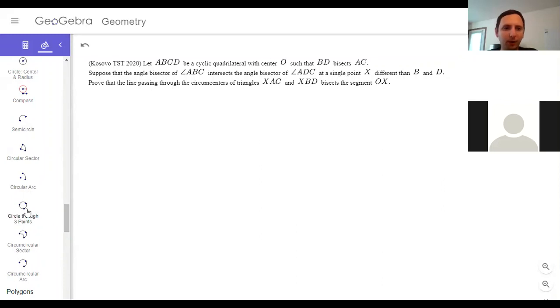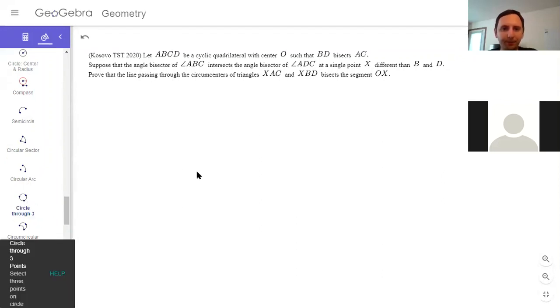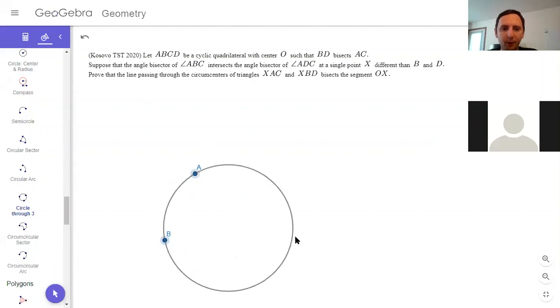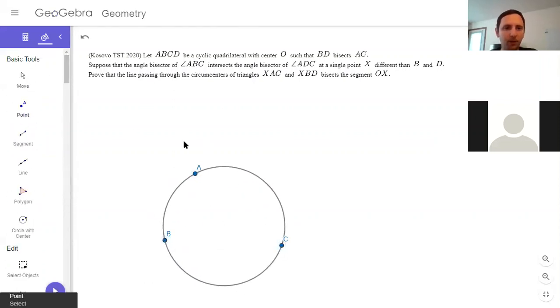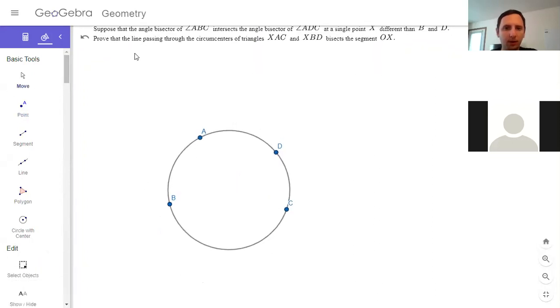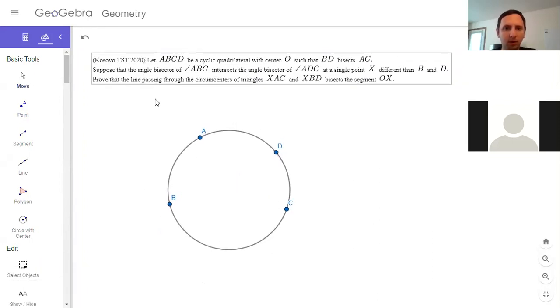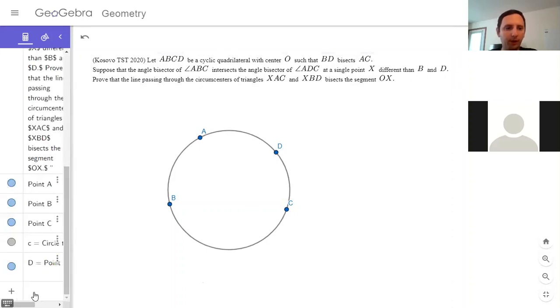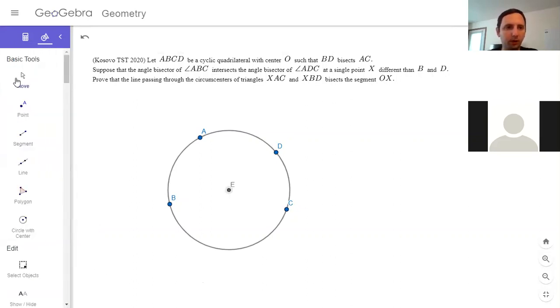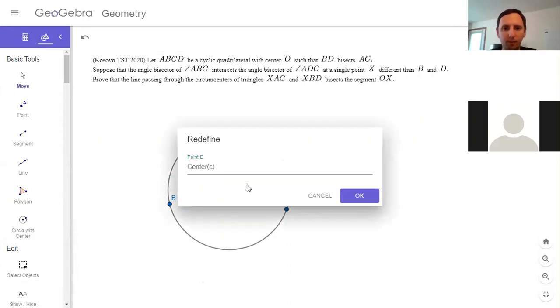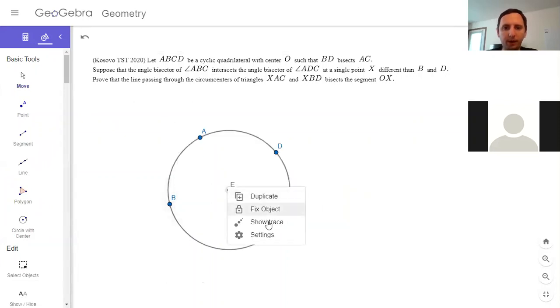All right. So we have a cyclic quadrilateral ABCD, and it has center O. So I'm going to draw in the center here. And BD bisects AC.